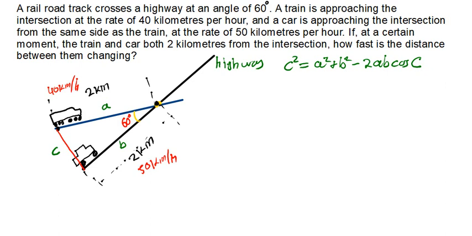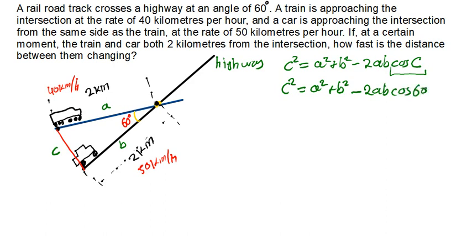All right, so before I differentiate both sides of the equation that I have, I'd first of all want to try to get rid of the cos C. Here I have C squared equals A squared plus B squared minus 2AB cos 60.